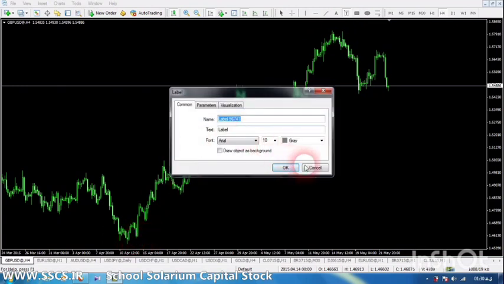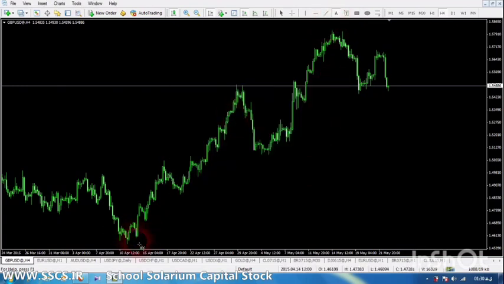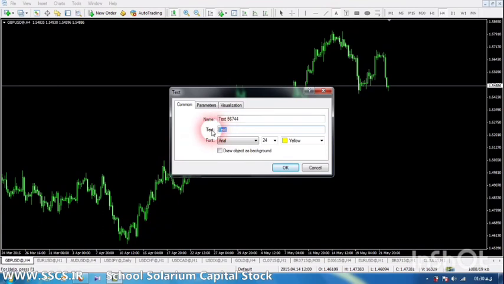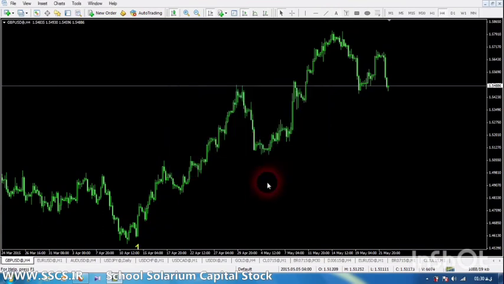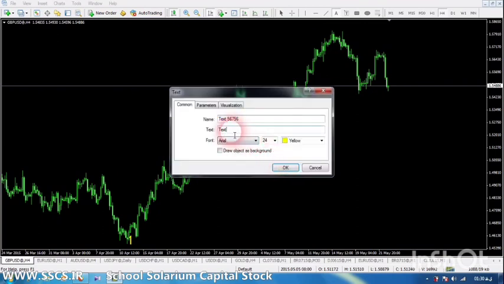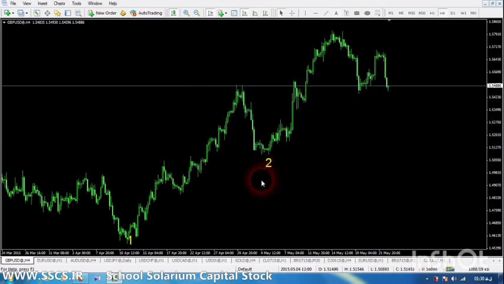So I'm going to locate that for you. This is my first swing high. And this is my second one. And in your uptrend, I have a reverse V shape like that.